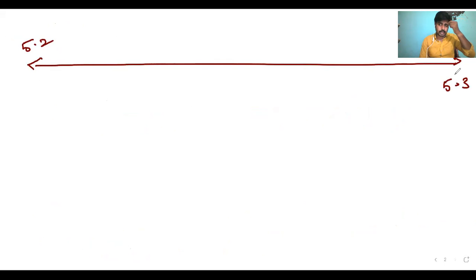In the question he asked to visualize 5.28 bar on the number line up to 3 decimal places. Okay, up to 3 decimal places.